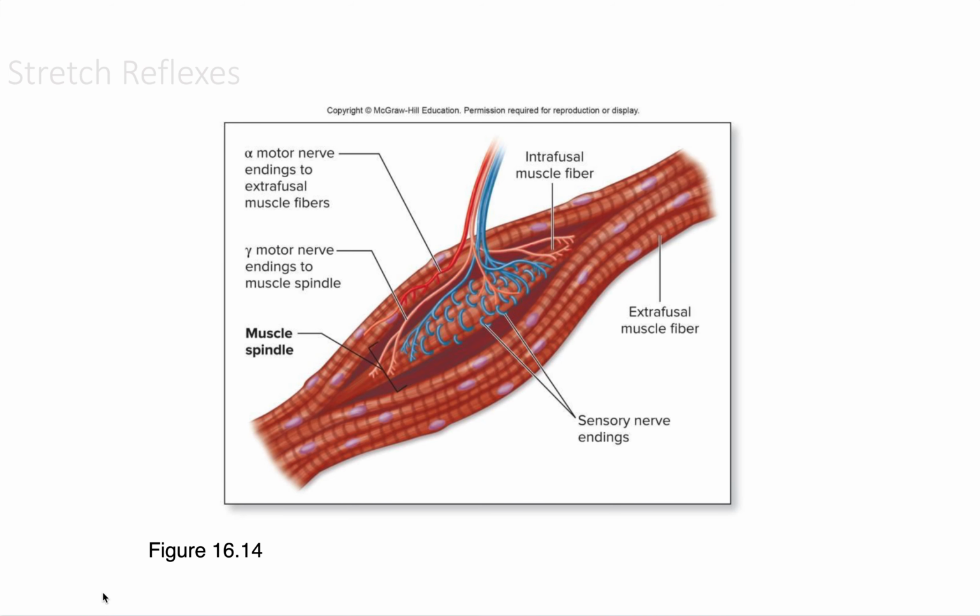When we're looking at an example of a monosynaptic reflex, we have here a picture of a muscle spindle. And some important aspects of the muscle spindle is, first, this is considered to be a stretch reflex. When we're looking at monosynaptic reflexes, again, the interneuron would be missing.